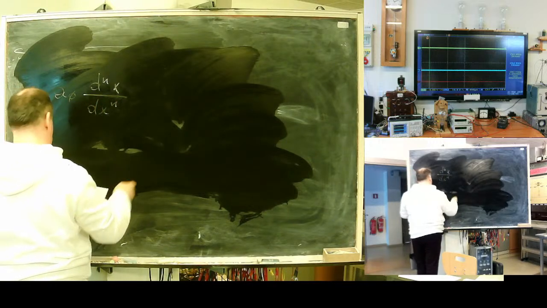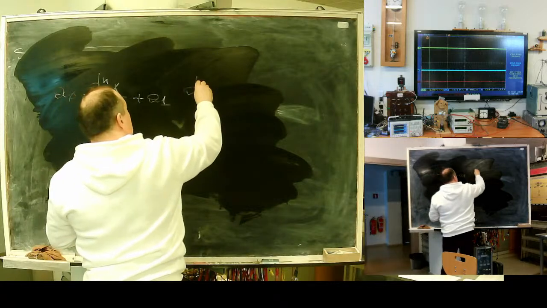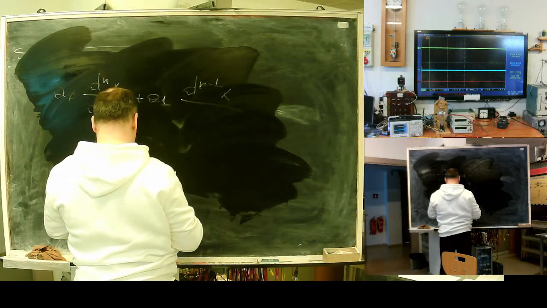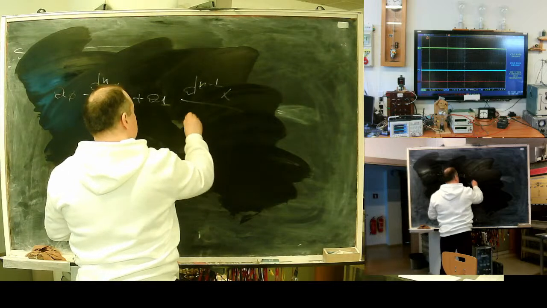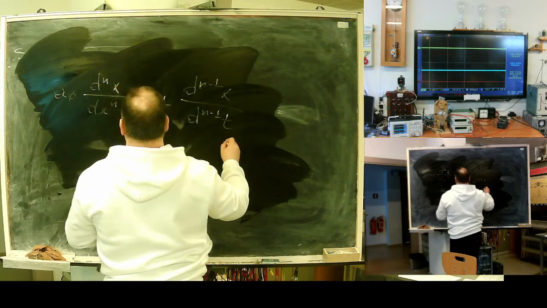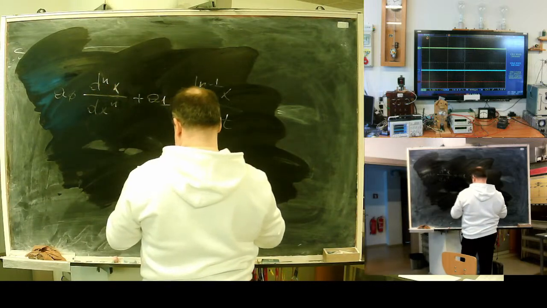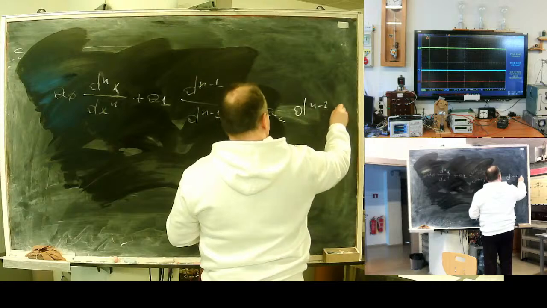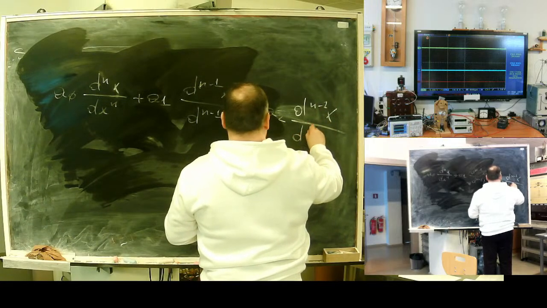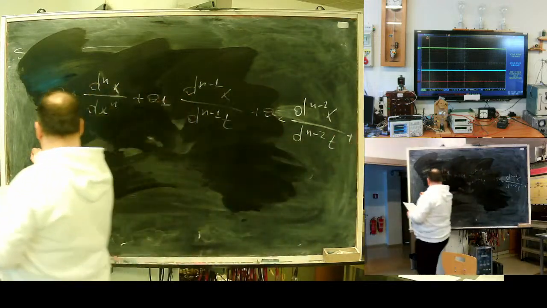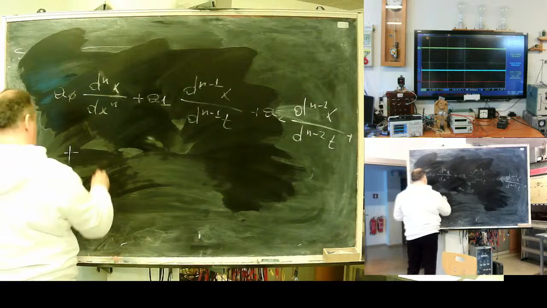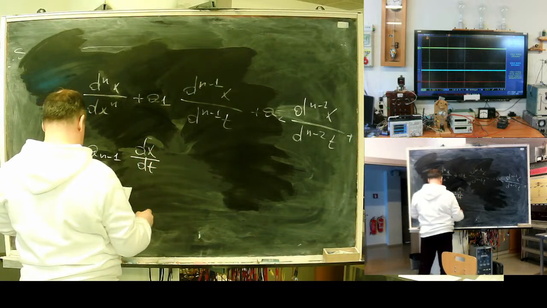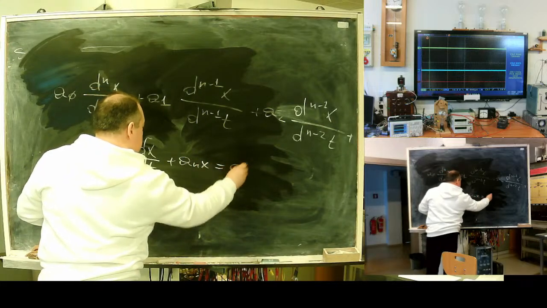X to the power n plus a1 times the (n minus 1) derivative of x, plus a2 times the (n minus 2) derivative of x, plus and so on, plus a_n x equals 0.